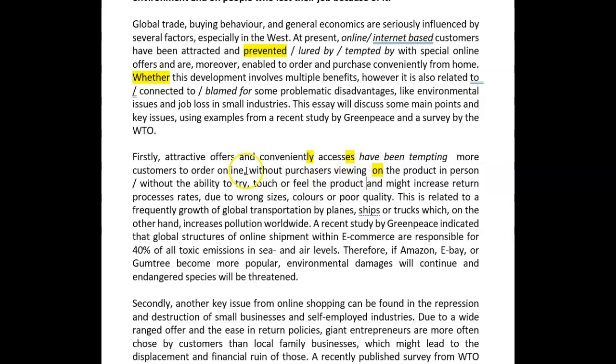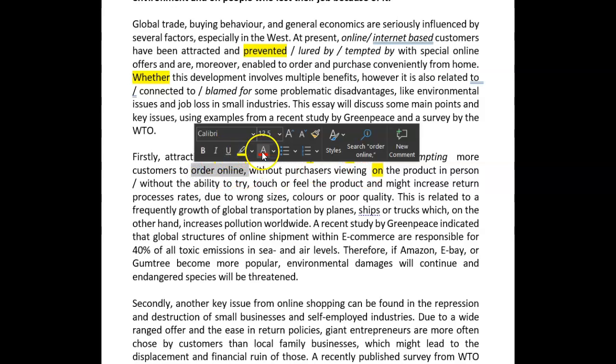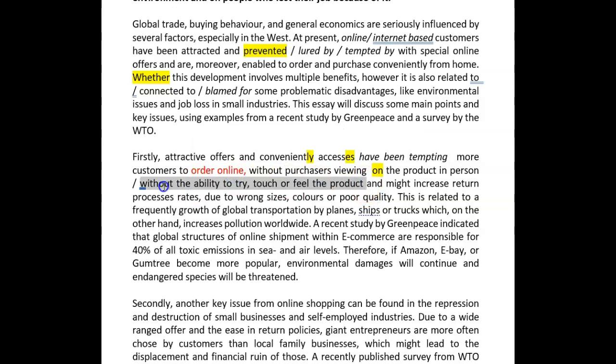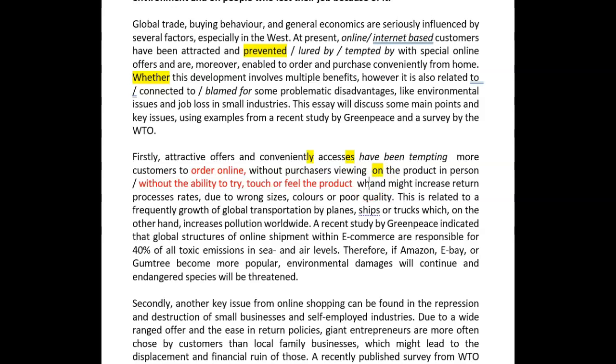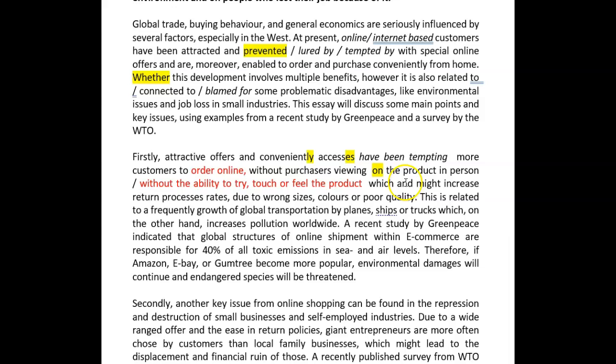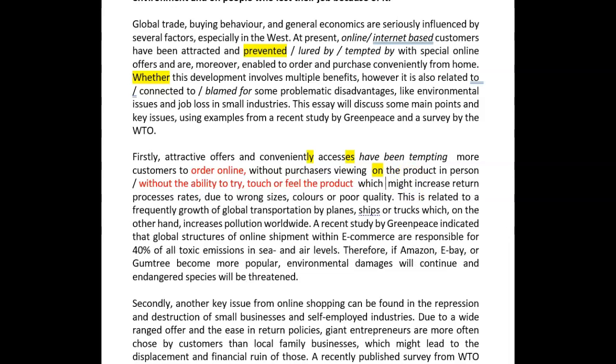So from online here, I'm coming into this bit: without the ability to touch the product, which, so don't use "and, which", might increase return process rates due to wrong sizes. Yeah, okay. I think that's fine. I think that's a bit neater, hopefully.